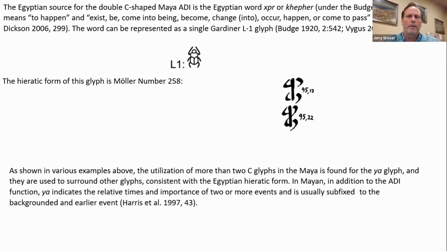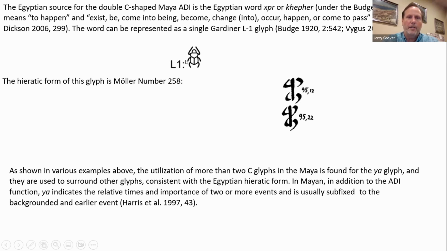Number one, you didn't really find that particular glyph form, but you do see this word, the Egyptian kheper or kefer. Again, that's my Egyptian pronunciation; I don't really speak Egyptian, I can just read the glyph. It means to happen, exist, come into being, change, occur, happen, or come to pass.